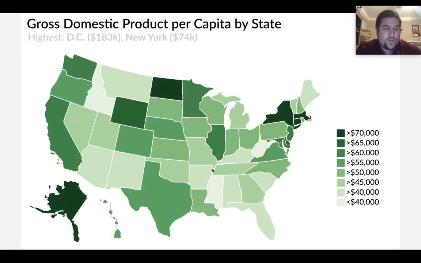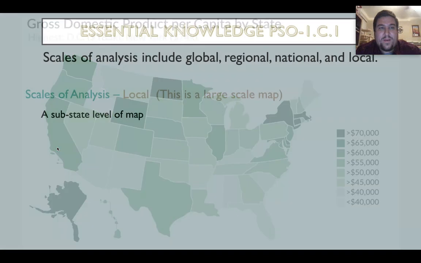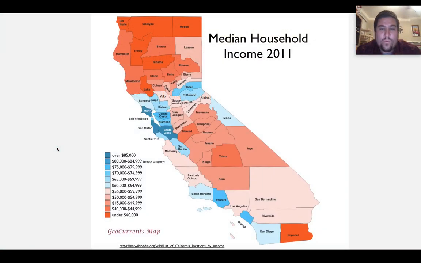So we talked originally about the United States being between 40 and 55,000 GDP per capita. This is another one, GDP per capita, at a national scale. We look at California, and it looks like California is sitting at about 55 to 60,000 per capita. So let's zoom in to a local level, which is a sub-state, and this is your median household income.